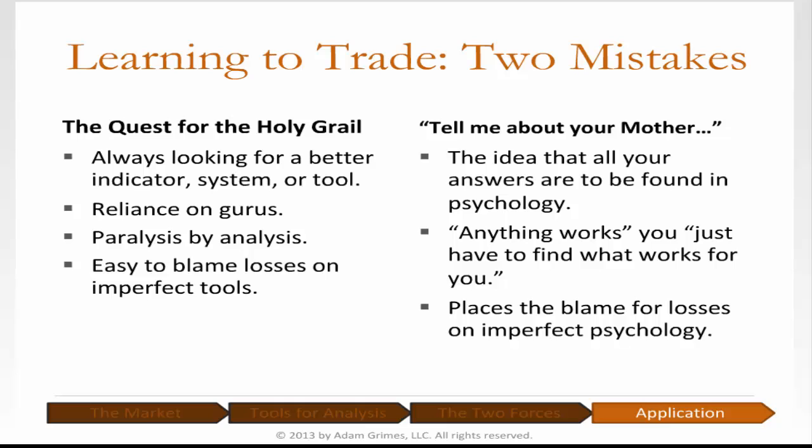These people will run from guru to guru, chat room to chat room, service to service. They may have so many indicators on their chart that the indicators often contradict. They don't know what to do. And it's very easy in this case to blame losses on imperfect tools. Oh, I just have to dial in my stochastic, might be something you hear. Or, oh, that guru lost his touch, so I'm going to go to this other chat room.